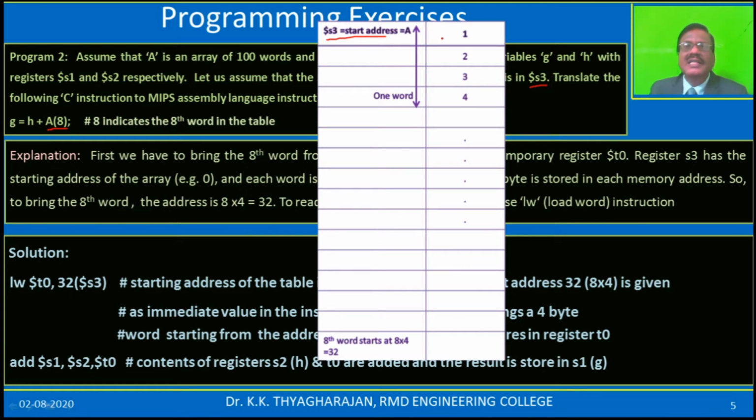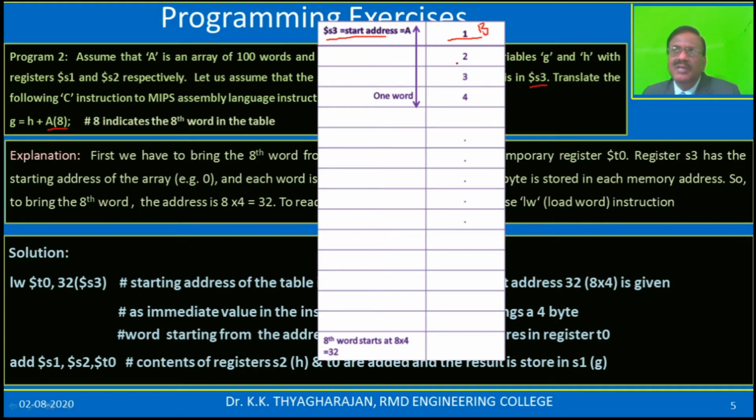And in each address, you will be storing only 1 byte. And all these MIPS instructions are 4-byte instructions. That means the data will also be using 4 bytes, not only instructions, because it is a 32-bit microprocessor.